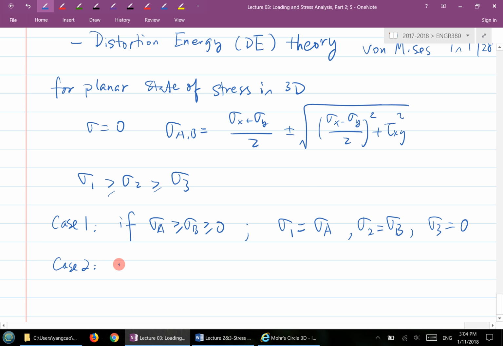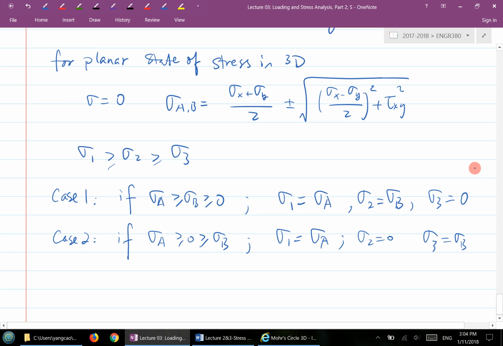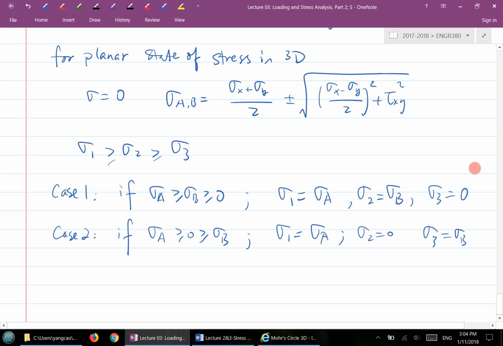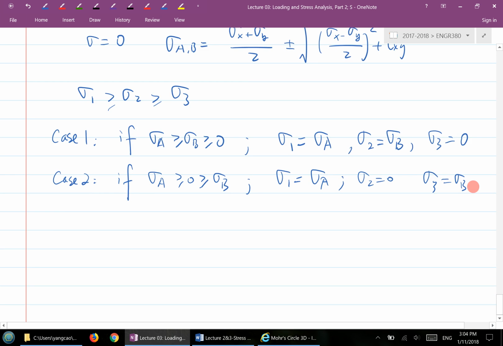And second case, if sigma A is greater than 0 greater than sigma B, that gives us a different combination. So sigma 2 is 0 and sigma 3 is sigma B. Because this combination will result in a completely different calculation of shear stress, which is plain from the 3D Mohr's circles.